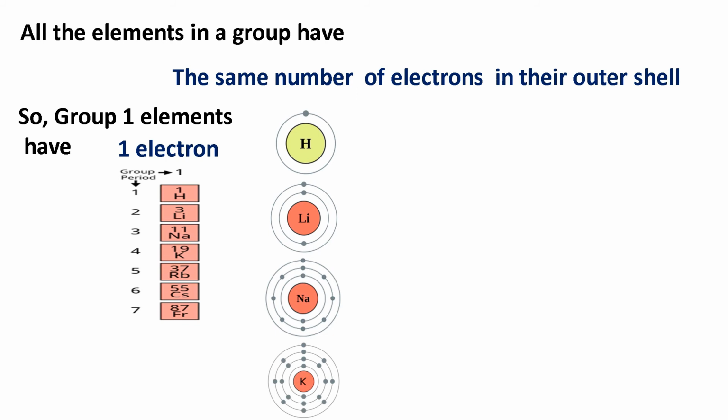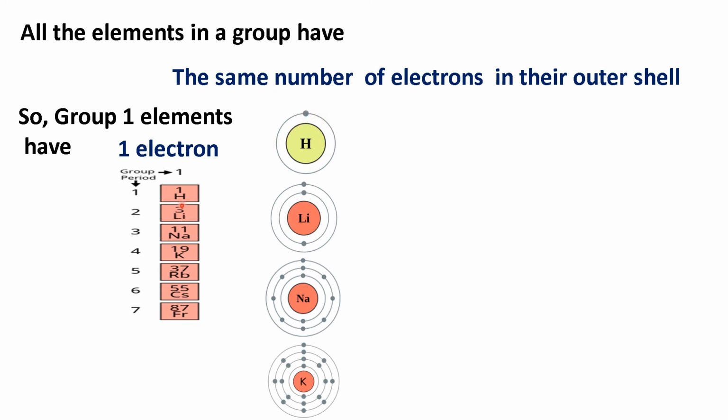Hydrogen atom has atomic number 1, so the distribution is 1 electron, in the first shell. So only 1 electron is present, so it is in group 1.